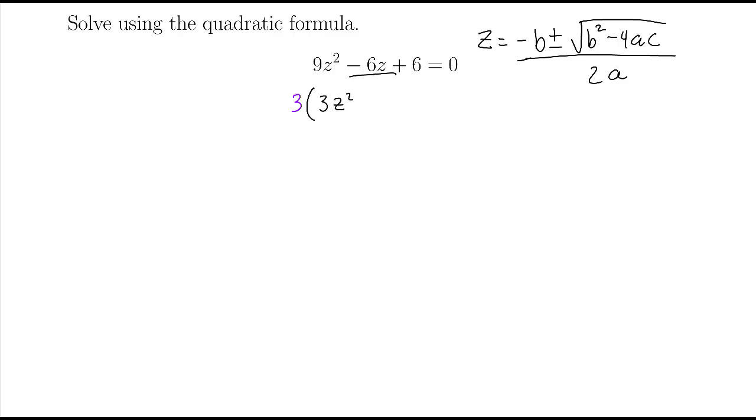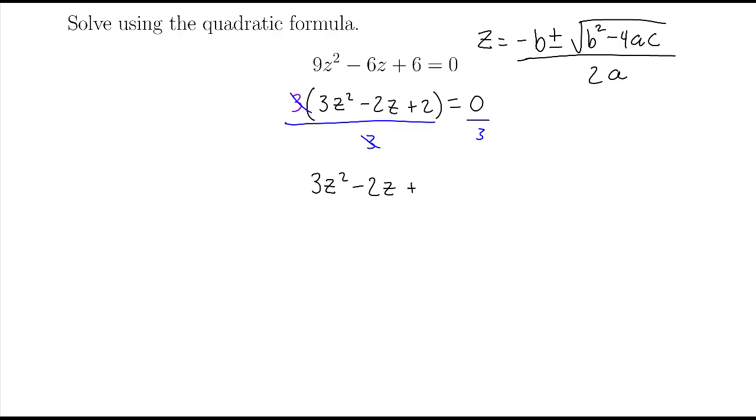Divide this by 3, I'm left with negative 2z. Divide this by 3, I'm left with 2. All that equals 0. And then I can remove the 3 altogether by dividing both sides by 3. Those will cancel out, leaving me with 3z squared minus 2z plus 2 equals 0.